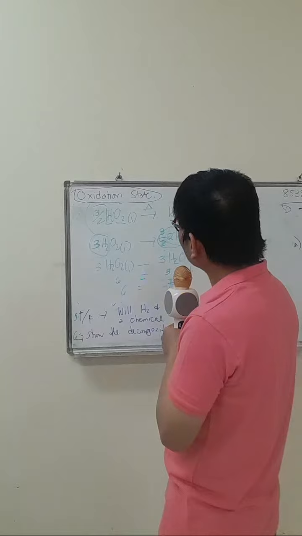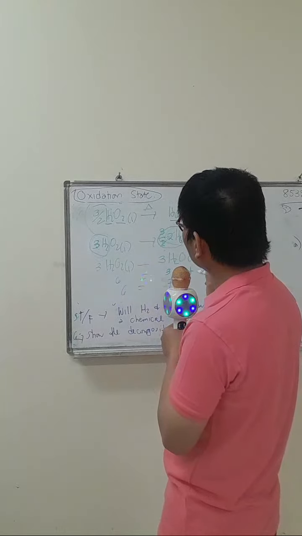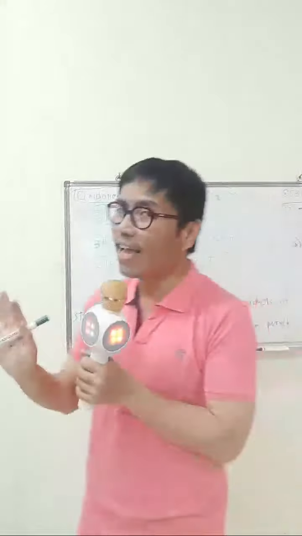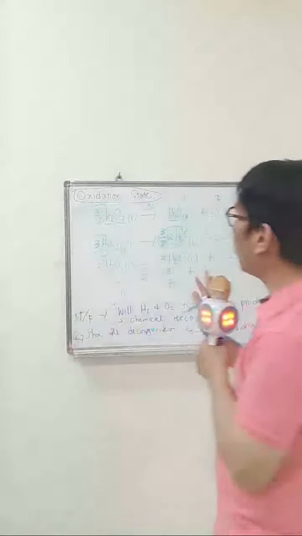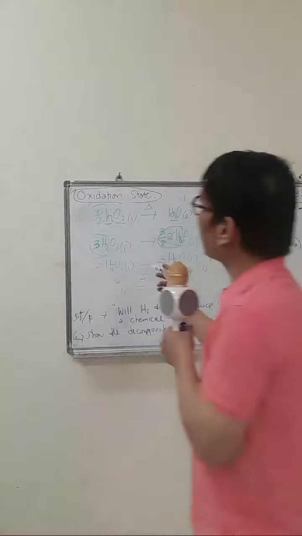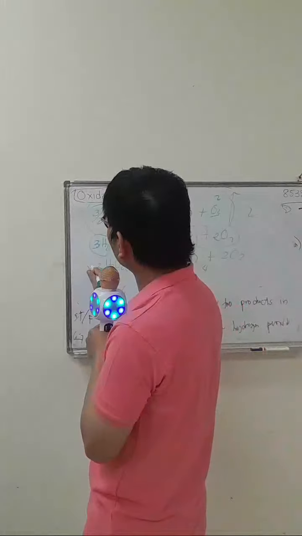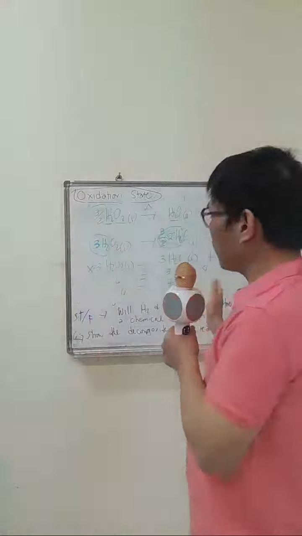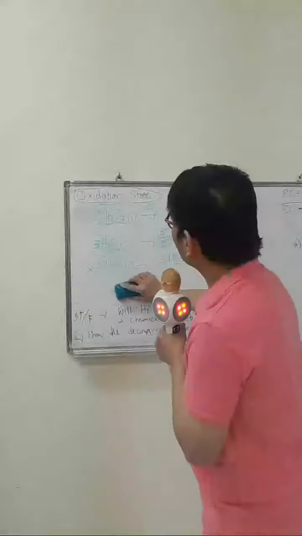Now, the 6 is deficient, so you need to put X again. Let X be the number of atoms of oxygen, to balance the number of atoms in the product, which is 7. So you have to put the X here beside the hydrogen peroxide. Remove the solution and do the math.